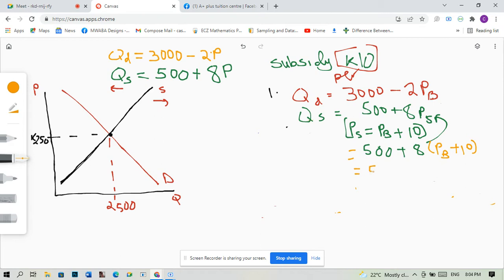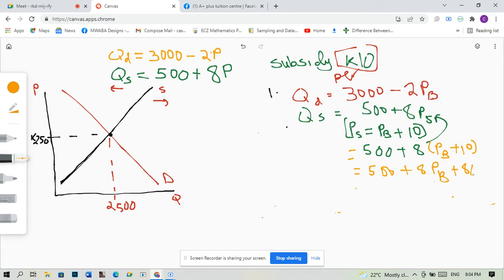We have 500 plus 8 times PB, that's 8PB, and 8 times 10, that's 80.